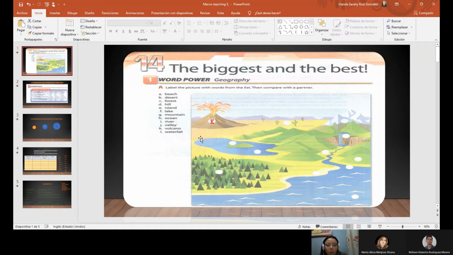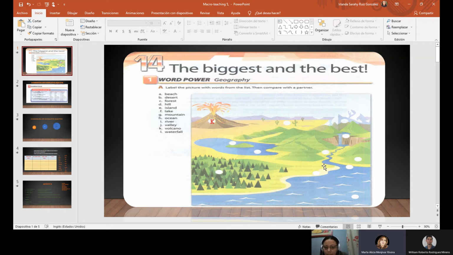To start with, I want to develop with you page 92, and I want us to read together these words about geography. If you want, you can repeat after me, please.